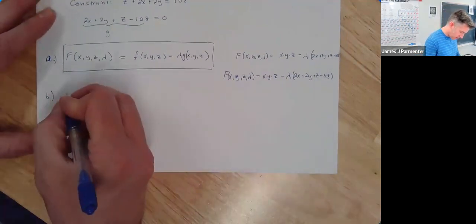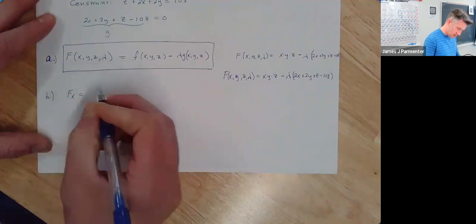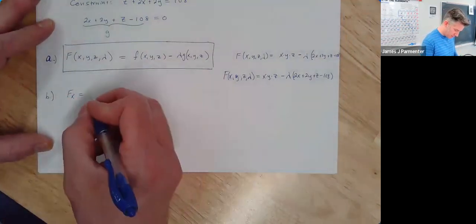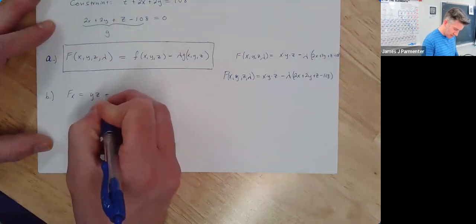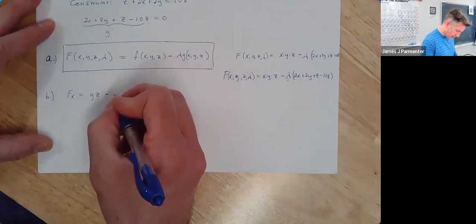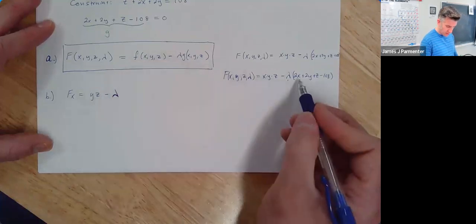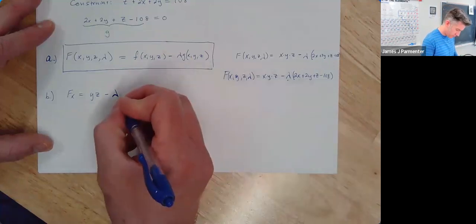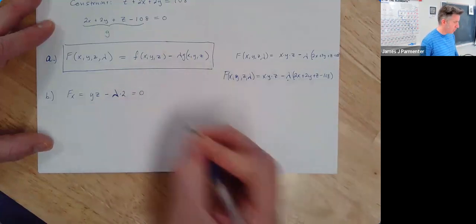So the partial with respect to x is going to be, well, if I take the partial of f with respect to x, it's going to be y times z minus this lambda is just going to hang out, because it's a constant, and the derivative of this whole thing with respect to x is just 2. And we're going to set that equal to 0.